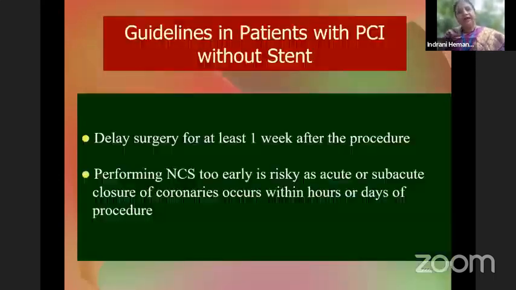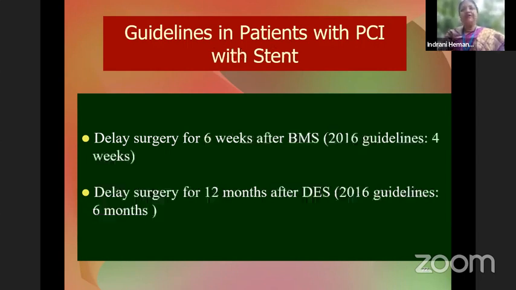So the guidelines in patients with PCI without stent, that is only angioplasty was done: you cannot do non-cardiac surgery within 10 days. It's better to delay for at least a week after the procedure. For patients with stent, earlier we used to say you delay for 6 weeks to 3 months following bare metallic stent placement. The latest guidelines talk of only 4 weeks.